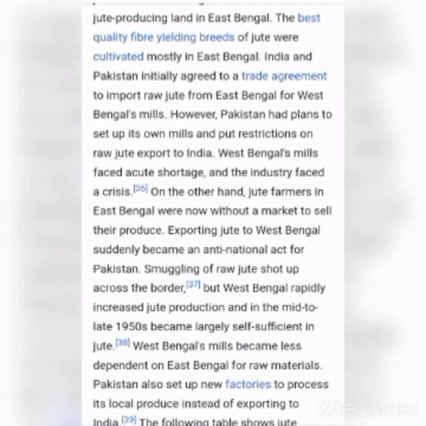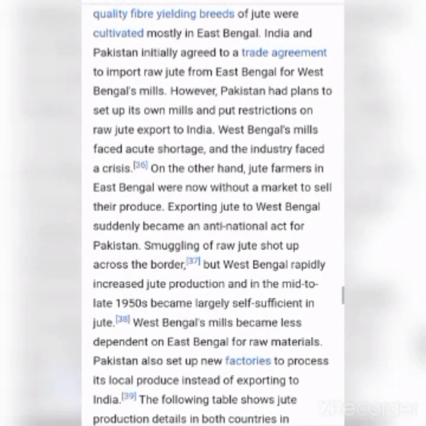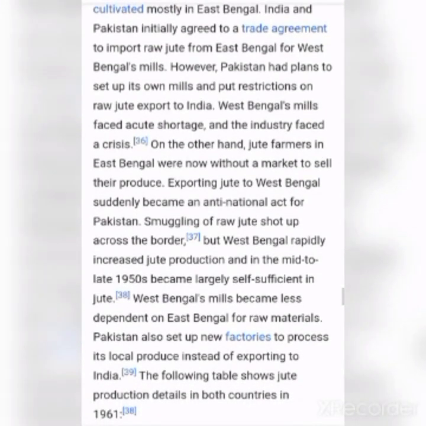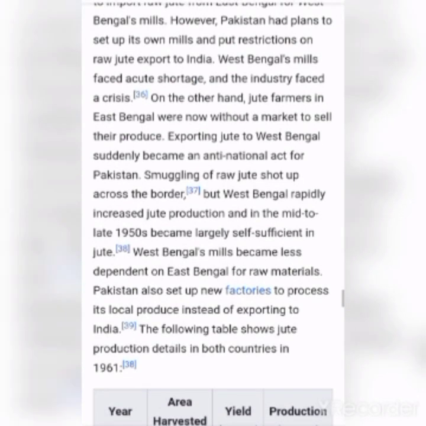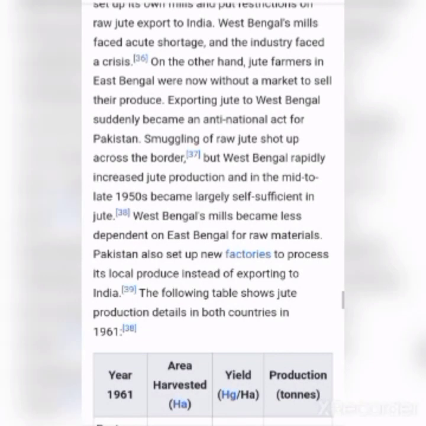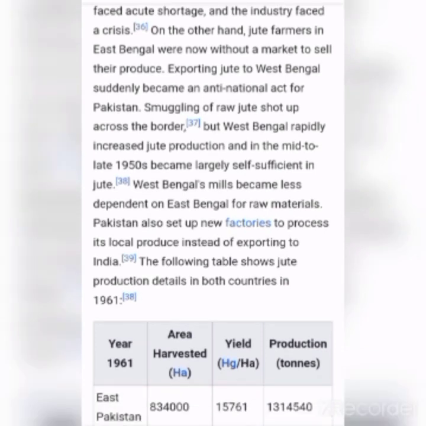Exporting jute to West Bengal suddenly became an anti-national act for Pakistan. Smuggling of raw jute shot up across the border, but West Bengal repeatedly increased jute production and in the mid to late 1950s became largely self-sufficient in jute.